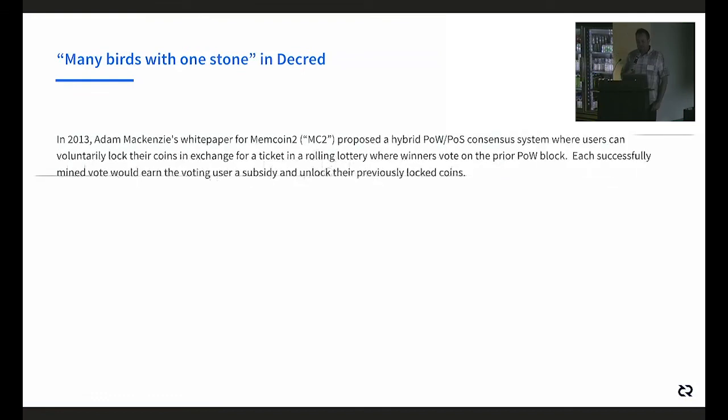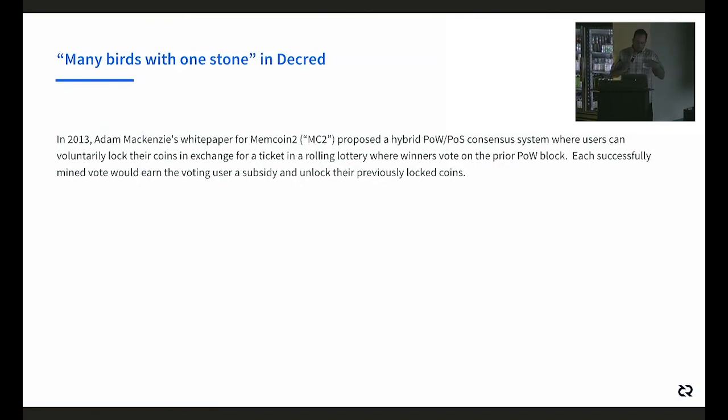So in 2013, Adam McKenzie wrote a white paper for Memcoin 2 and proposed the hybrid proof-of-work, proof-of-stake system that we ended up using in Decred. And this was work done essentially concurrently with Charlie's work for proof of activity. The difference is that on top of there being a proof of stake layer, people were voting.